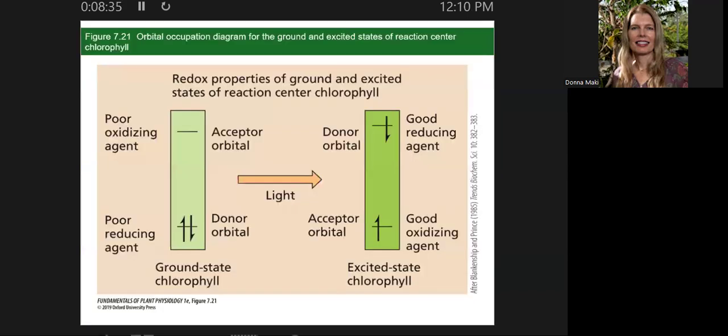They often depict these ideas like this, where you're looking at the arrows depicting electrons. You have these paired electrons here in the ground state. And then if you think about the chlorophyll, they're trying to talk about chlorophyll now in particular, because that's what we're zooming in on with the light reactions.